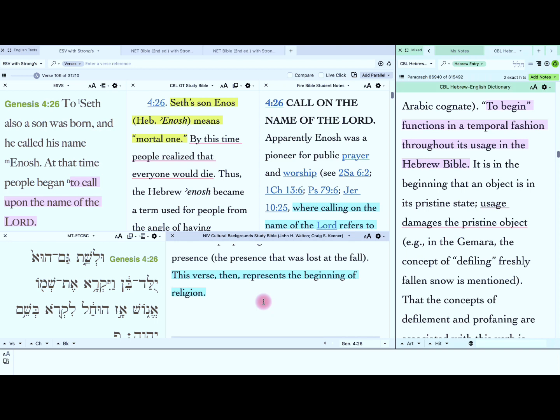Look how important Genesis 4:26 is for worship, for religion, because there was now a group of descendants of Seth who started regularly to worship the Lord through sacrifices, through prayer, through worship, through songs as well.